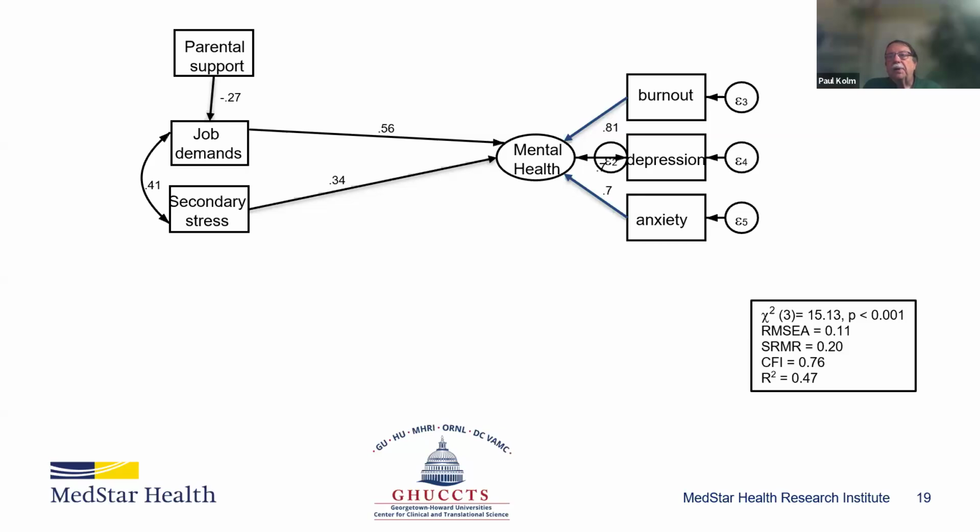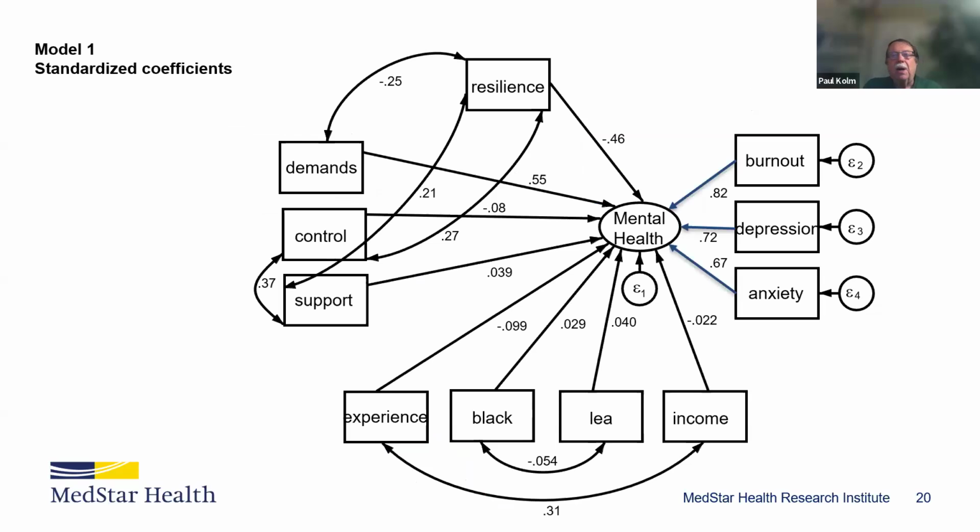Chi-square is 15 with only 3 degrees of freedom. So that's, of course, statistically significant, and our R squared is actually less than 0.5. So it's back to the drawing board. And so here's another model where we put some of our covariates back in and looked at the relationship of these variables to mental health, which again, our mental health variable is defined by burnout, depression, and anxiety.